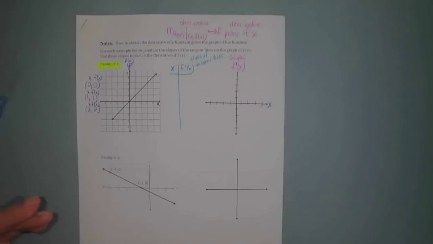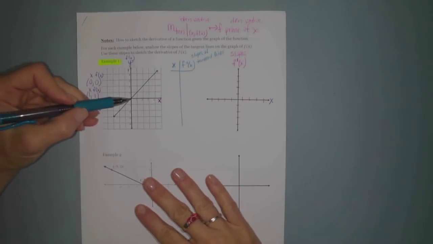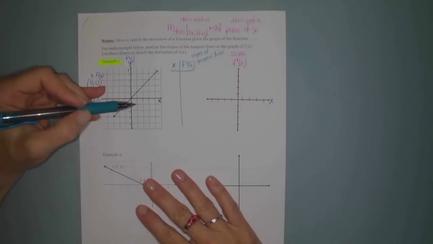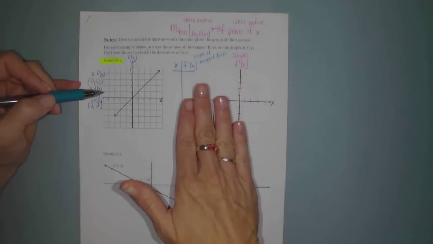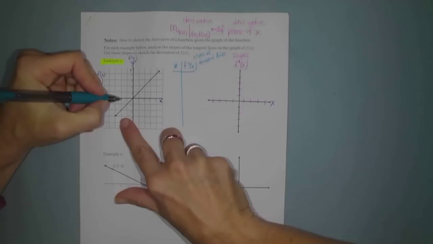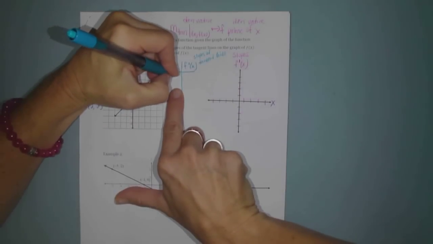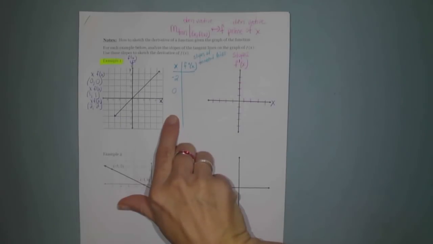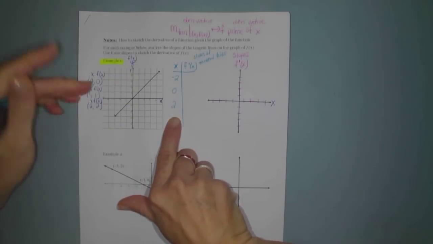So what I like to do is I'll pick a negative, I like to pick the origin, and then I like to pick a positive value. So I kind of have a nice representation, negative, 0, and positive on my x-axis. So maybe I'll pick something like negative 2 here. So let's choose negative 2, and then I'll choose the origin, 0, and then I'll choose positive 2.